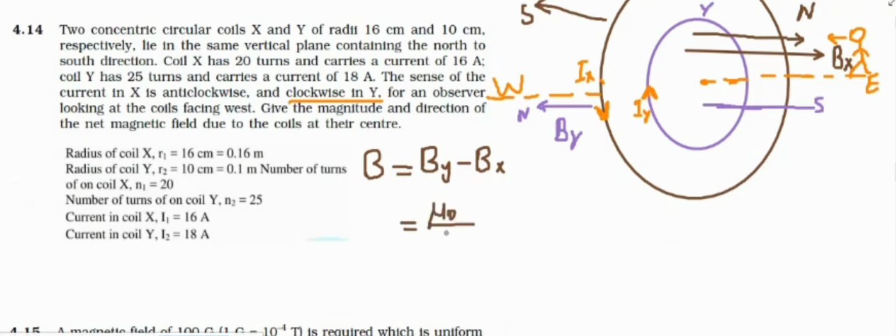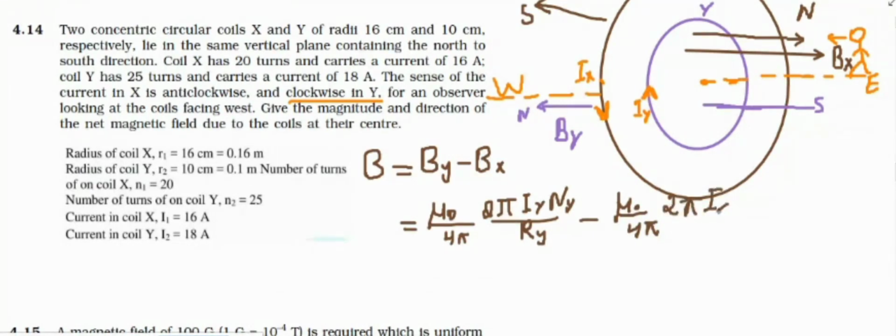So we have mu naught by 4 pi, 2 pi Iy ny upon ry, you have to multiply by number of turns also, minus mu naught by 4 pi, 2 pi Ix nx upon rx.